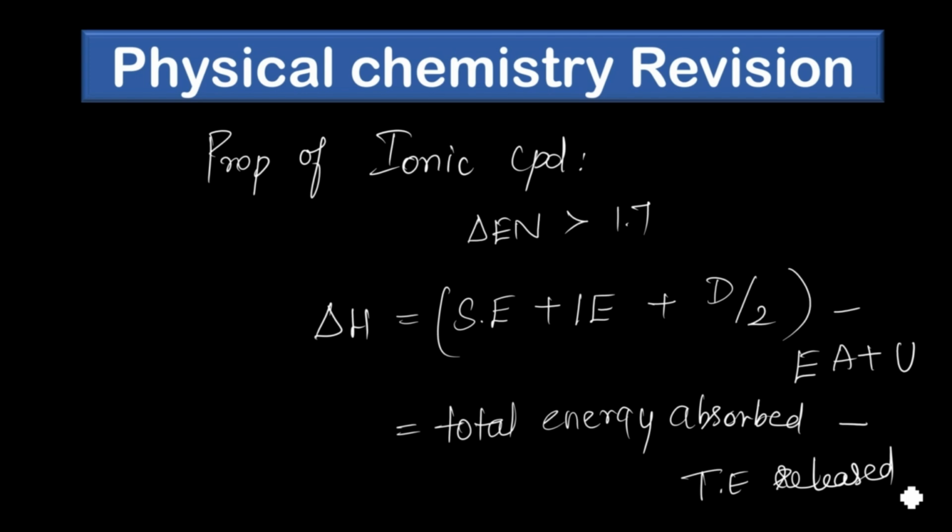This includes lattice energy, ionization potential and heat of atomization, everything. These are the details we got from the Born-Haber cycle and lattice energy. So some questions can be asked to find the total energy, or lattice energy calculation also.